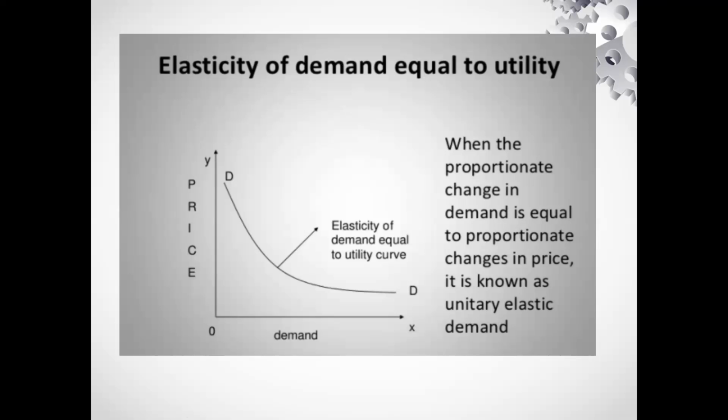If no change in price, no change in demand, that is called perfectly inelastic demand. Any small change in price but larger change in demand is relatively elastic demand. But when the proportionate changes are equal, if the price is changing at the same level and the demand is also changing at the same level, that is called unitary elastic demand.